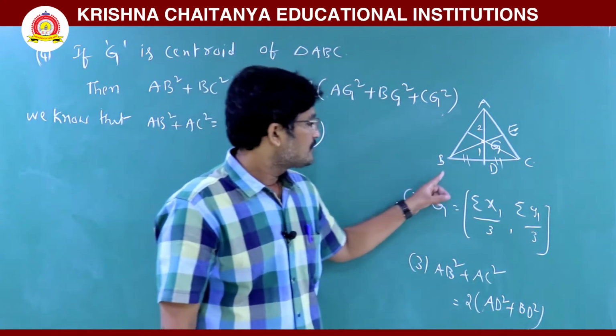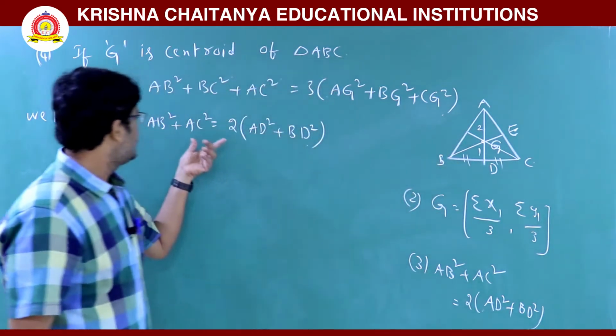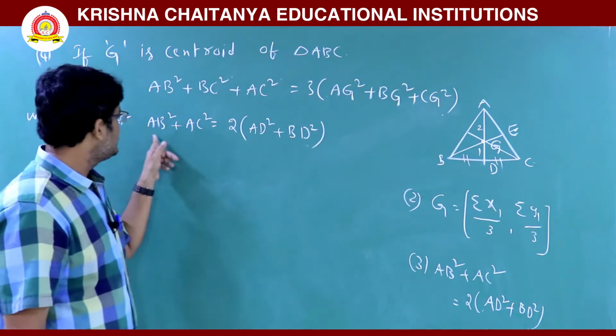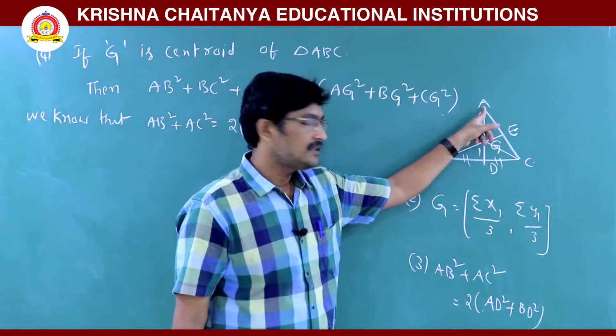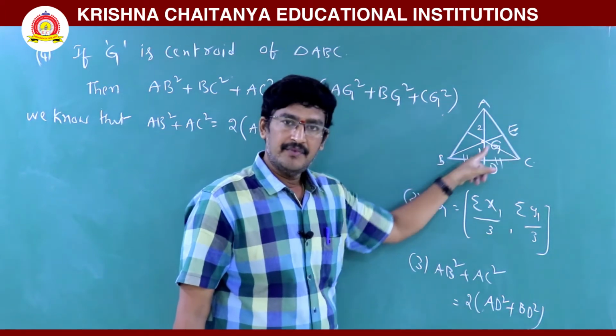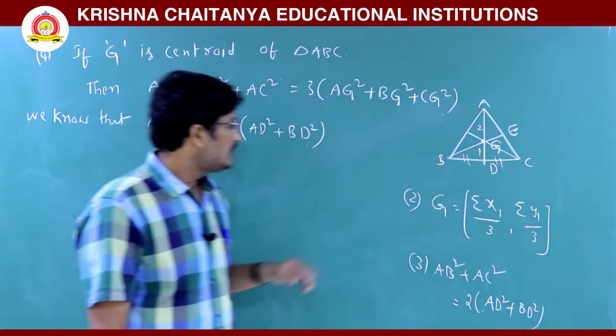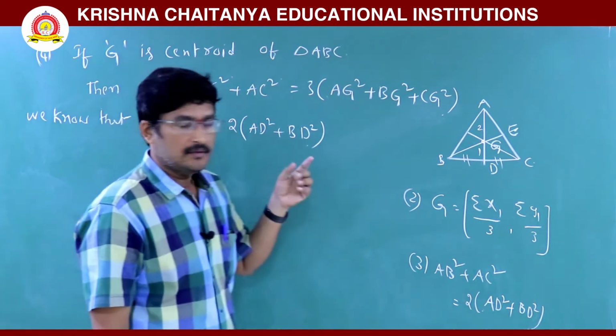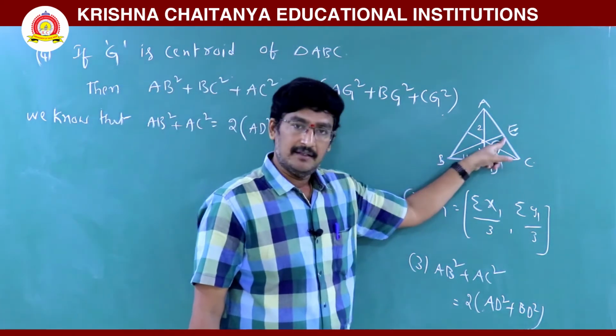In a similar way, AB square plus AC square came from the median through A. Now I am taking the median through B, and we apply the similar property on this median BE bar.